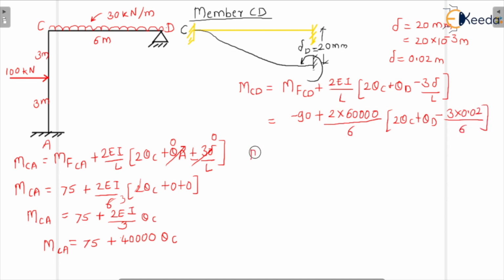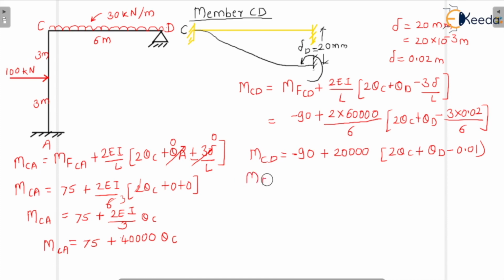When you simplify, we get minus 90 plus 20,000 into 2 theta C plus theta D minus 0.01. So this is our equation of CD.